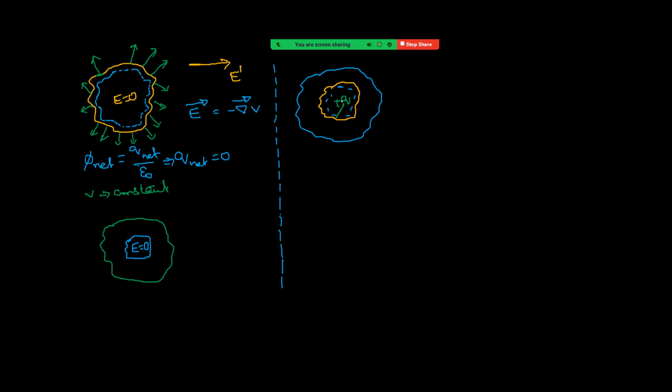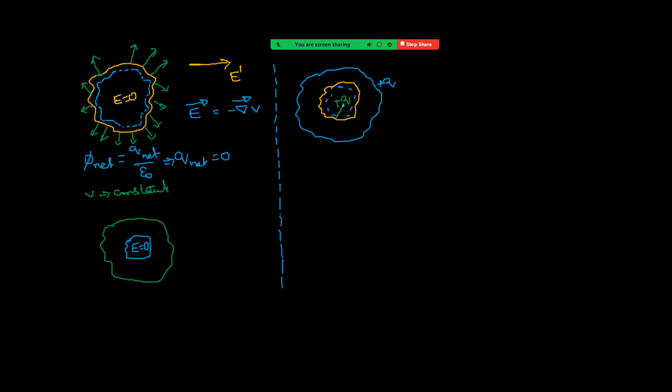And once the inner face becomes negatively charged, positive charge will be on the outer face of the conductor. So this becomes plus Q.